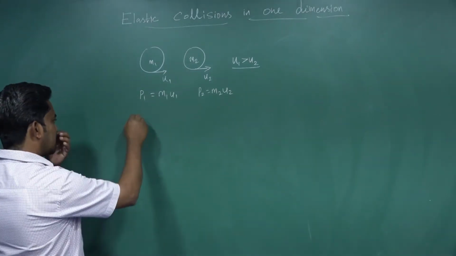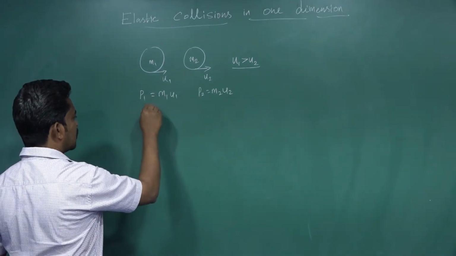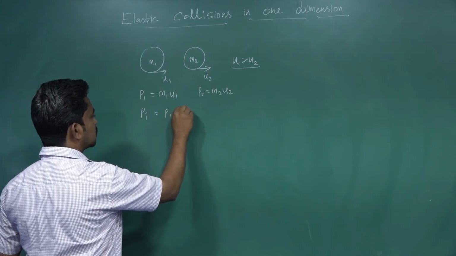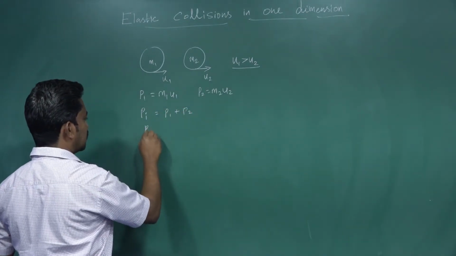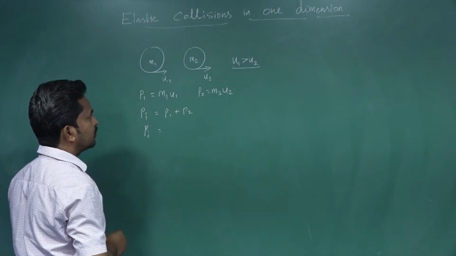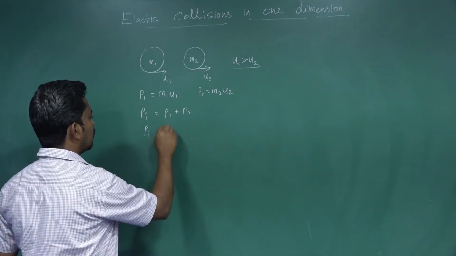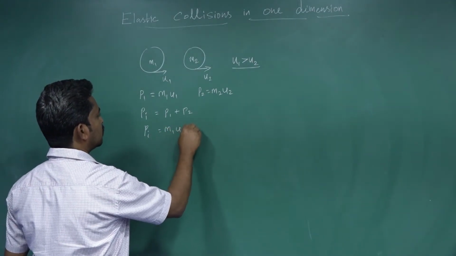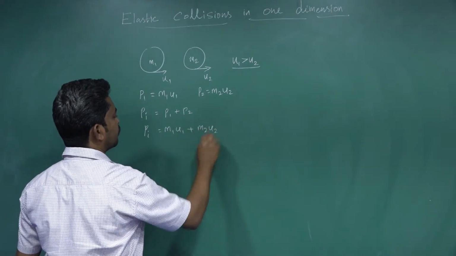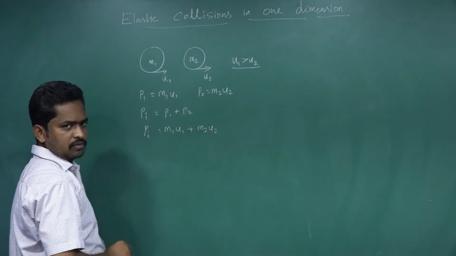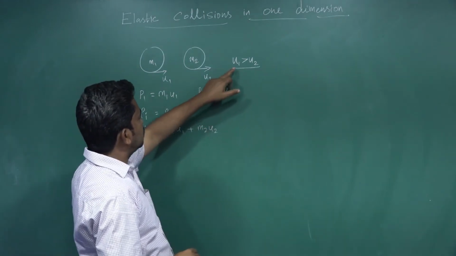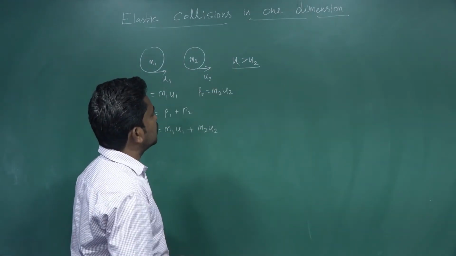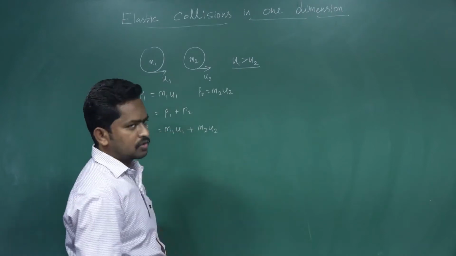The total momentum is P1 plus P2. So the total initial momentum of the two elastic bodies is m1 u1 plus m2 u2. We consider the velocity of the first body u1 greater than u2.